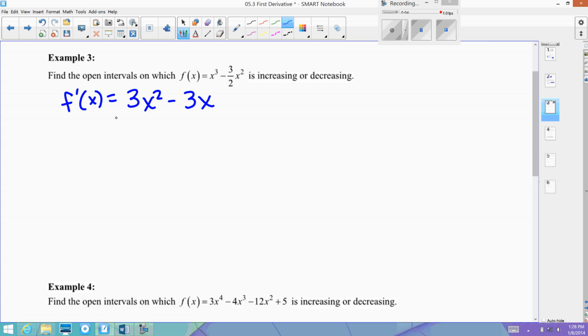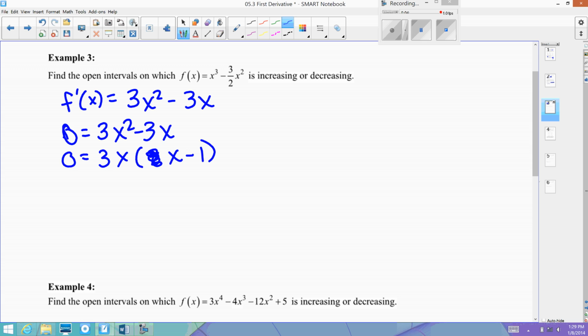That's never undefined, so it's always defined. If we figure out where it's equal to 0, it's a simple factoring problem. Factor out a 3x, you get 3x times (x minus 1). So we have two critical values, x equals 0 and x equals 1.